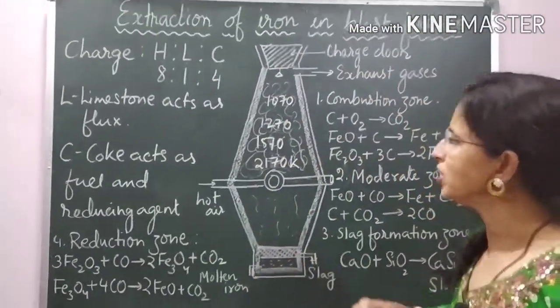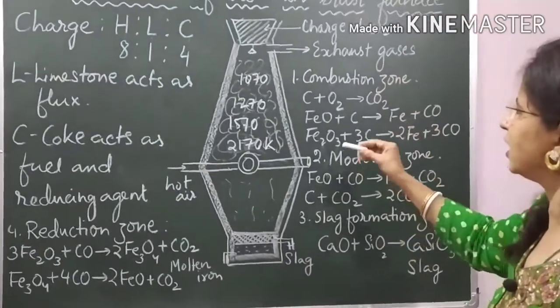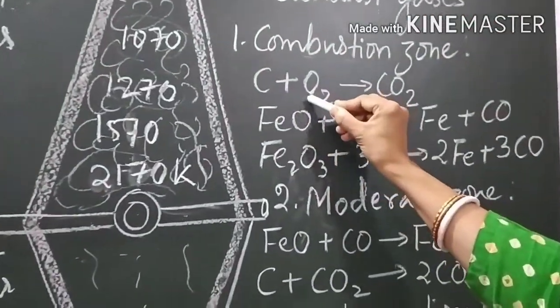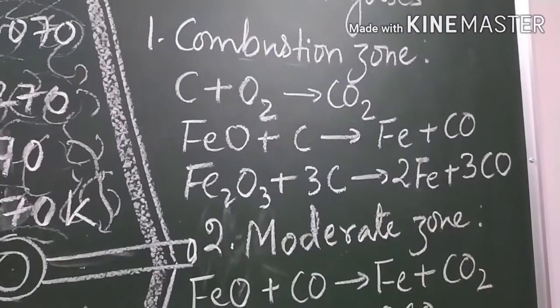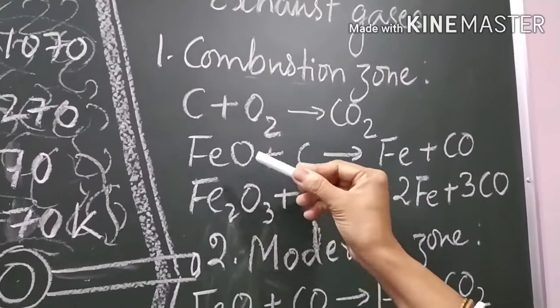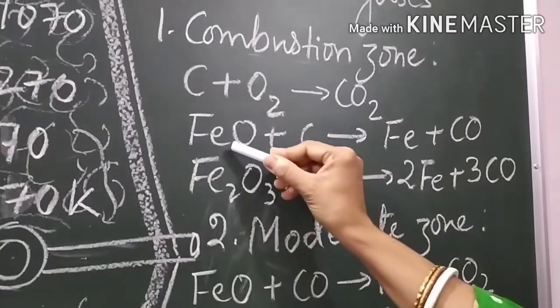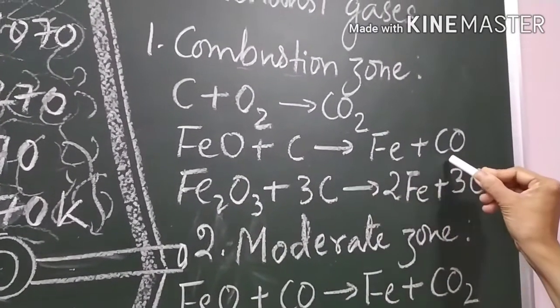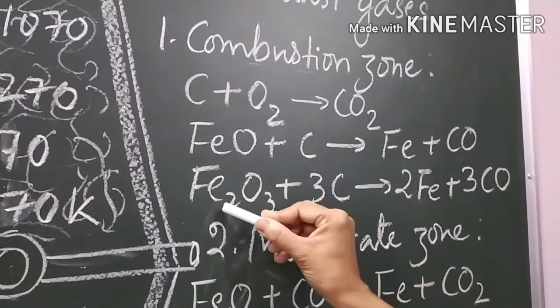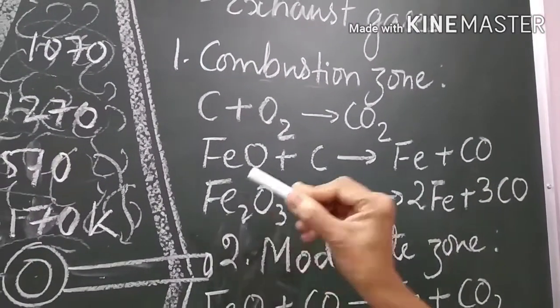So in the combustion zone, what are the reactions taking place? Carbon reacts with oxygen of air and converts into carbon dioxide. And iron oxide, ferrous oxide, which is formed in another zone, combines with carbon to form iron and carbon monoxide. And hematite is nothing but ferric oxide.